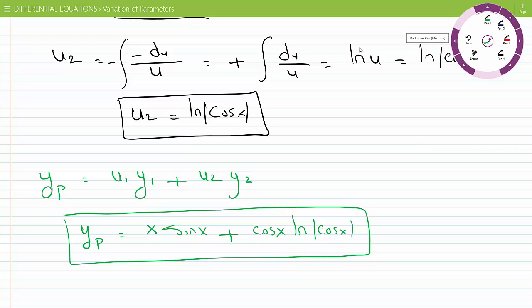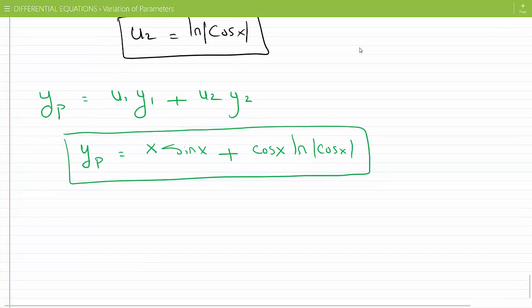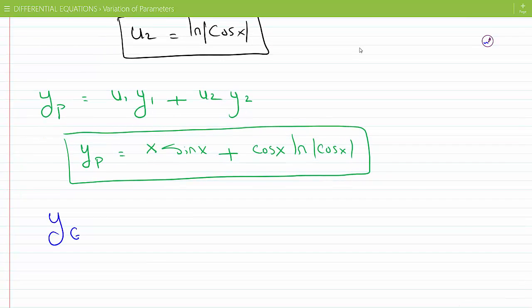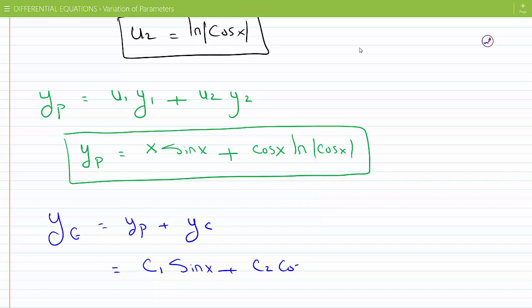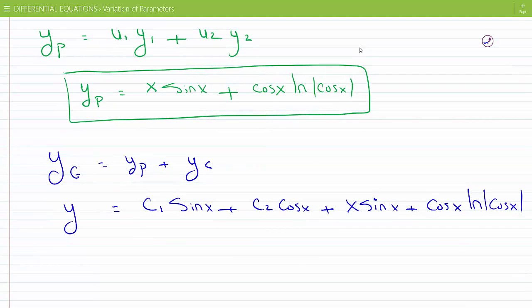In that case, y general is y particular plus y complementary. So this is c1 sine x plus c2 cosine x plus x sine x plus cosine x ln cosine x.